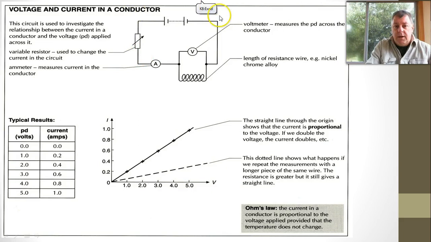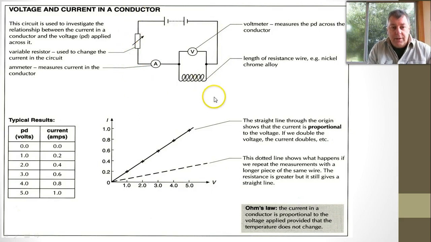Now this would be a circuit that we could use to actually examine Ohm's law, and which people do, and if we get time we might well do a prac using this. So you have a power supply, you have what's called a variable resistor, so you can change the parameters in the circuit. You have an ammeter for measuring the current.